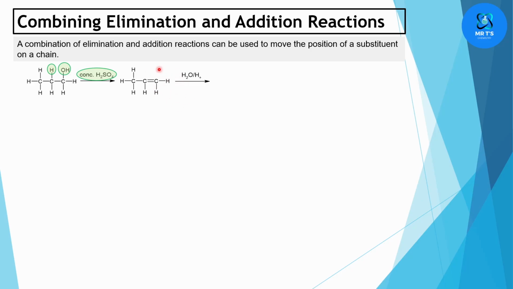That's the first carbon here. And the OH group will add to the carbon with only one hydrogen after the double bond is broken, and that will form propan-2-ol. The reason it does that, remember, is because this carbon can be said to be rich in hydrogens, and we have the general rule that the rich get richer. So this is the major product.